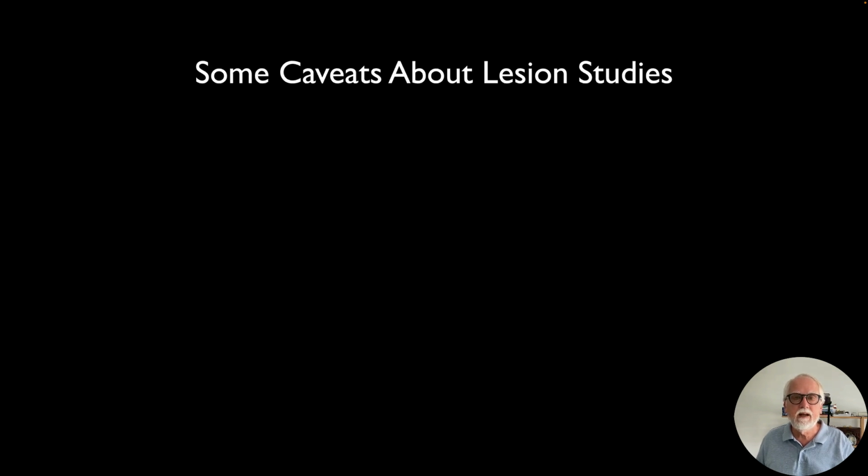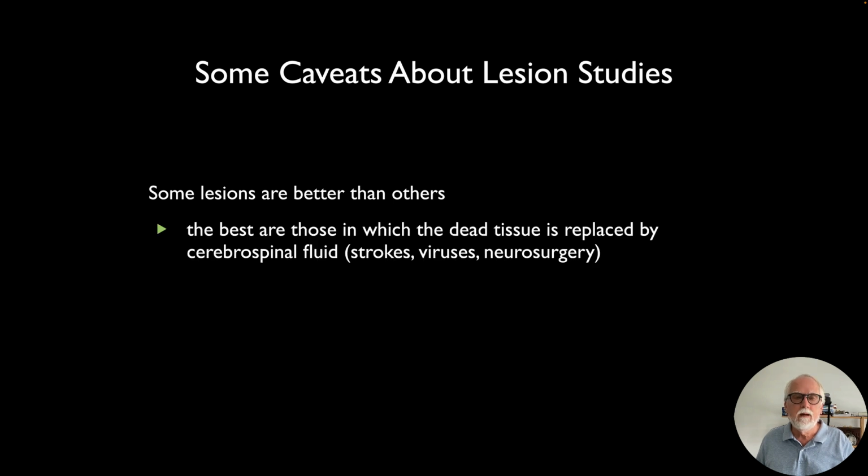Now, some caveats about these lesion studies. Keep in mind that some of these lesions are better. The best kinds of lesions for research purposes are those in which the dead tissue has been replaced by cerebral spinal fluid. So when you have strokes or viruses or neurosurgery, it's best to have that kind of lesion, because the damaged tissue is gone and it's been replaced by some sort of cerebral spinal fluid.